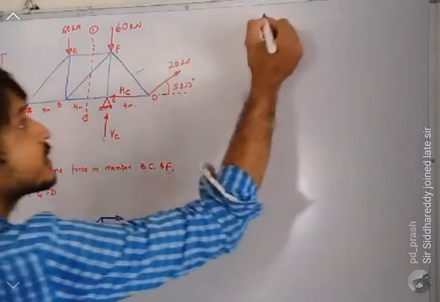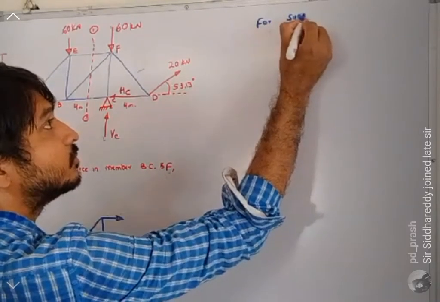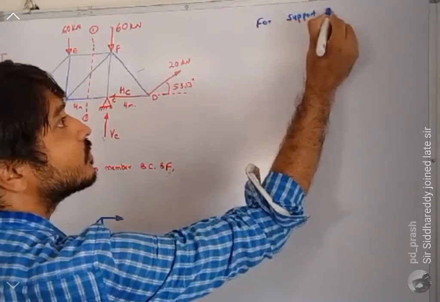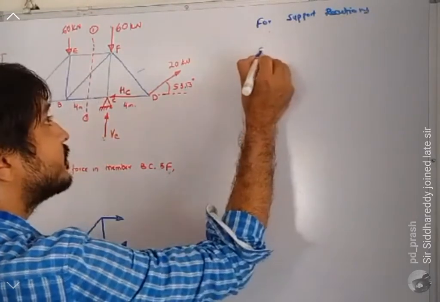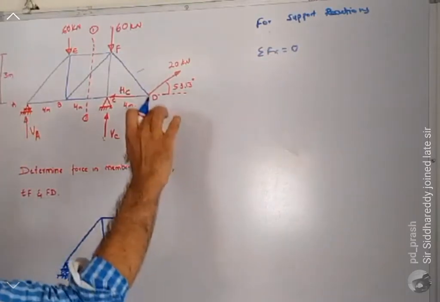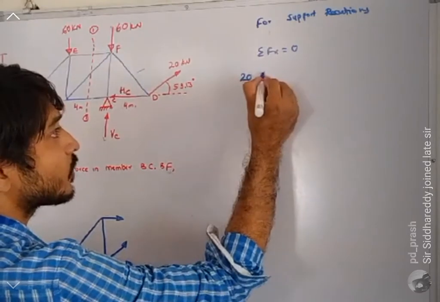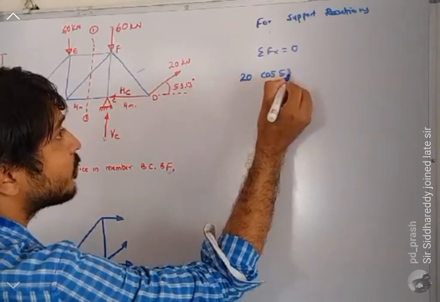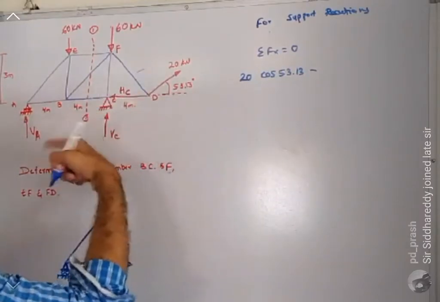So for support reactions, first let me take summation of Fx equals 0. This is in positive direction, that is 20 cos 53.13, minus HC, which is in the opposite direction I have taken, right?